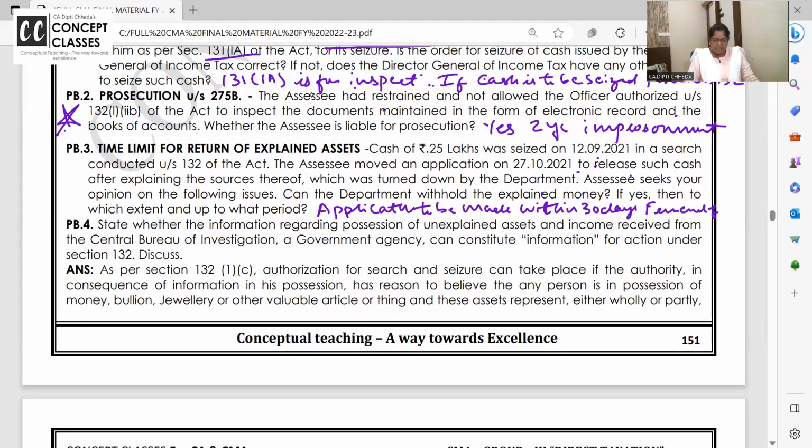SSC seeks your opinion. Can they extend it? This will be released. Explained asset, write down, I am dictating, will be released. Explained assets will be released in 120 days. कहाँ से? From completion of raid, from completion of search.